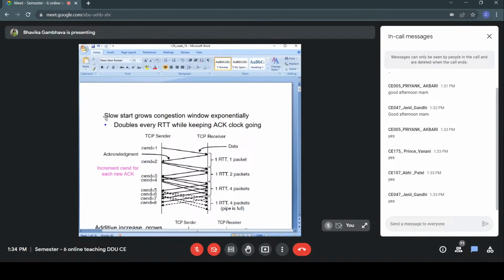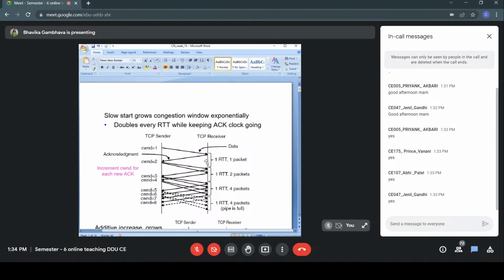This is the phase which is known as slow start or exponential increase, because exponentially we are increasing the window. So every RTT, congestion window is being doubled. And it is also known as acknowledgement clocking, because when the acknowledgement comes, then our window is incremented.